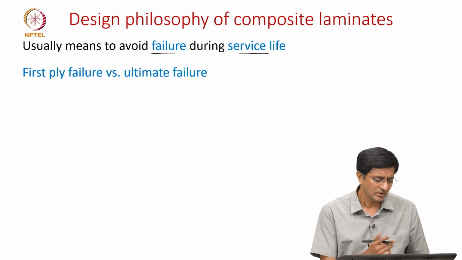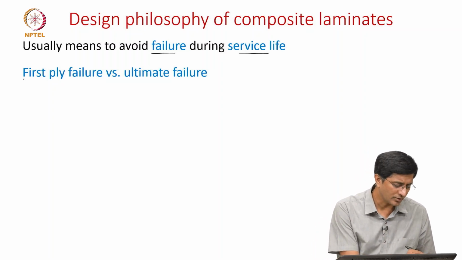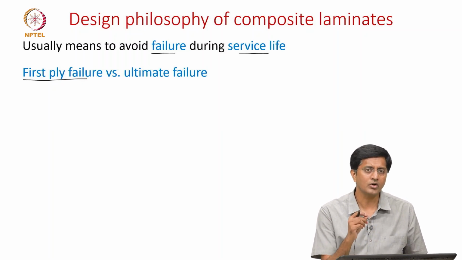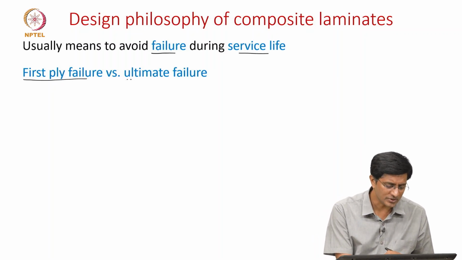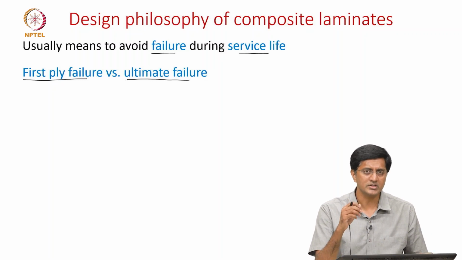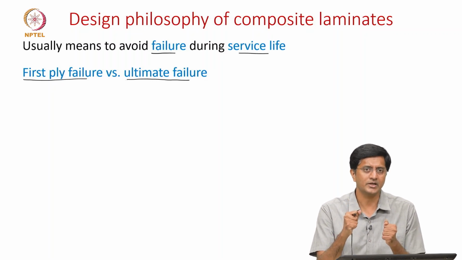So previously we discussed the first ply failure, meaning at what loads the first lamina will fail in a laminate. And we also discussed ultimate failure, meaning after the first ply fails, the laminate can still take load.